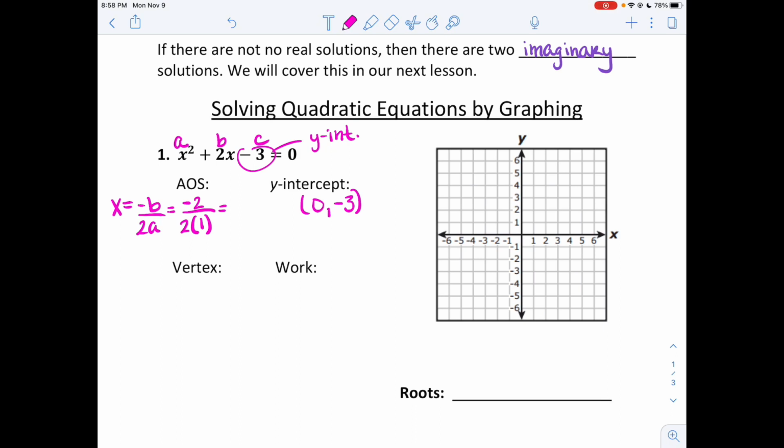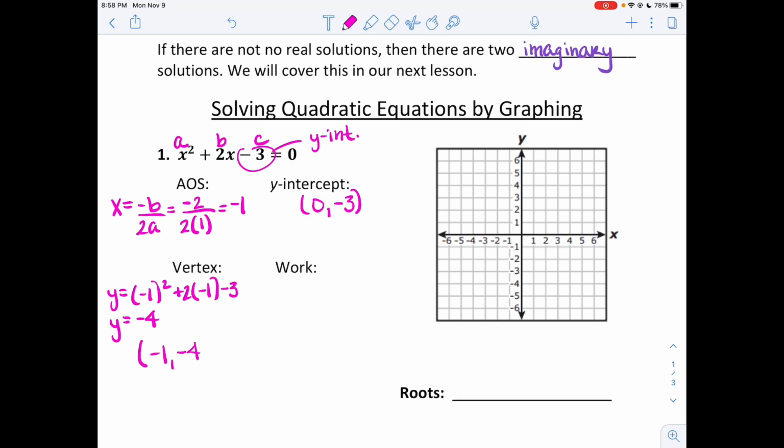So that means that x equals -1 is our axis of symmetry. Once we know the axis of symmetry, we can calculate the vertex. Remember that you just plug into the equation and solve for y. So I'm going to say that y is equal to, I want to plug in a value of -1 for x and square it, plus 2 times -1, and then minus 3. So my y value is equal to -4 when my x value is -1.